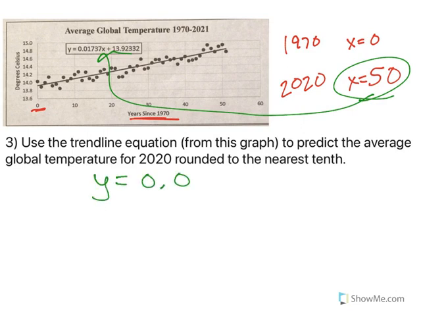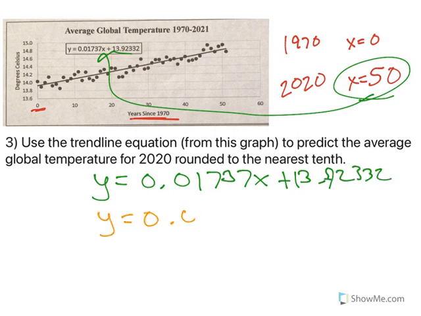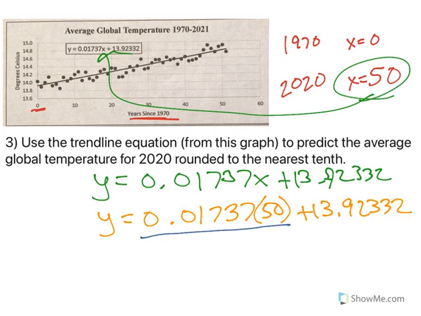So I've got my 0.01737x plus 13.92332. So I substitute my 50 in. 0.01737 times 50 plus 13.92332. Order of operations tells me to multiply first.